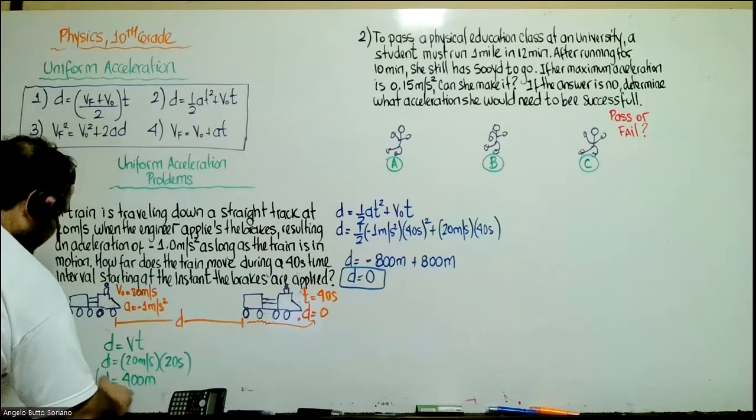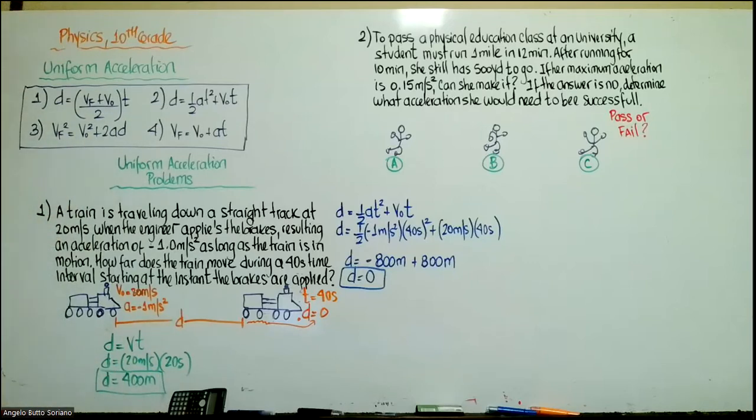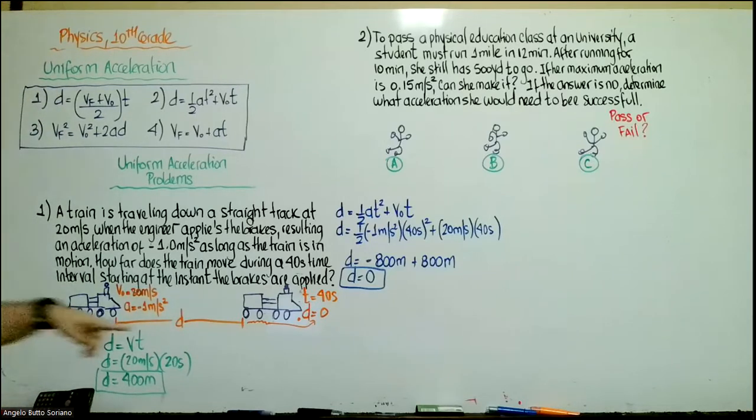meters. This is what happens at the beginning, because the train is traveling at constant speed in the first 20 seconds. And after the first 20 seconds, the last 20 seconds complete the full period of time, the engineer says it is time to stop the train.